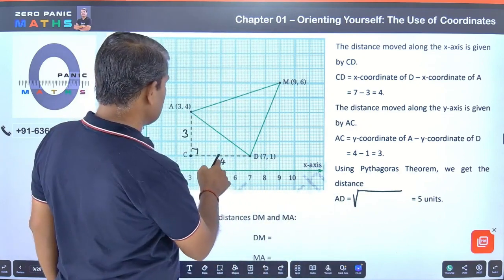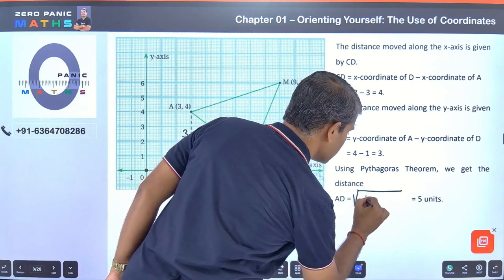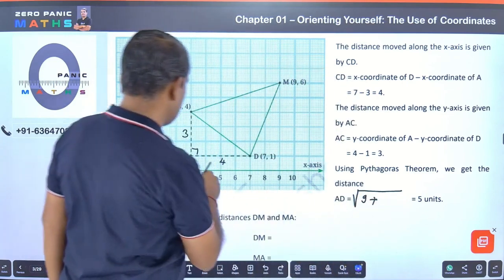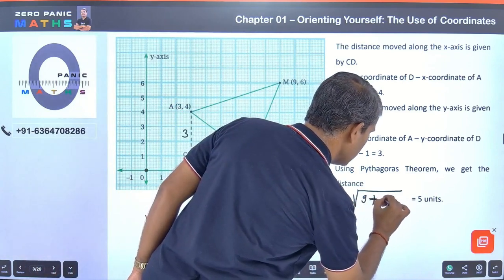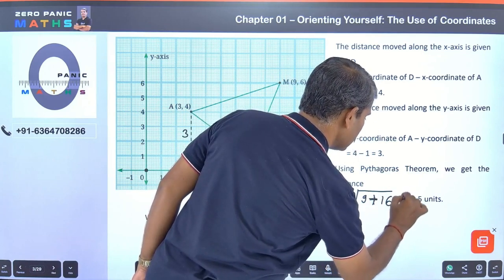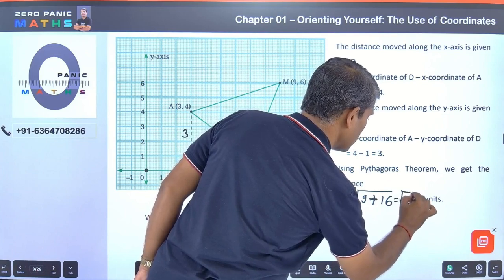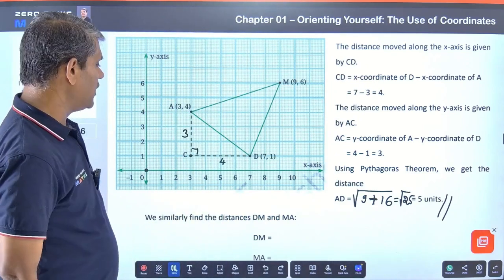So AC square, that is 3 square, which is 9, plus CD square, which is 4 square, that is 16. That is the square root of 25, and that is 5 units.